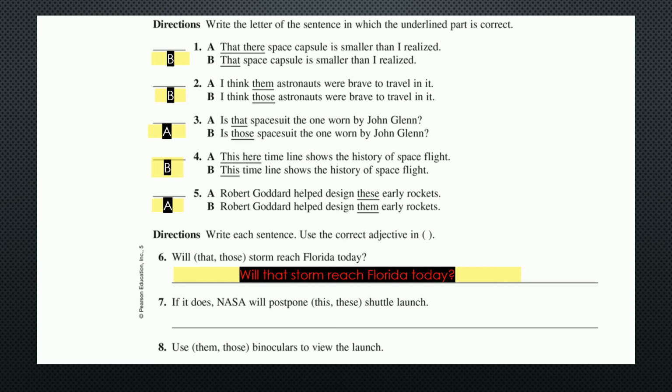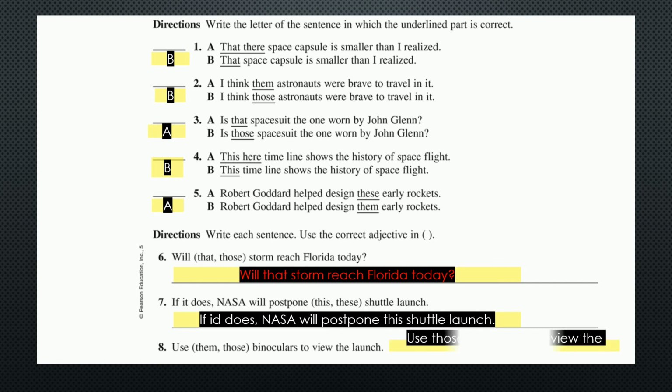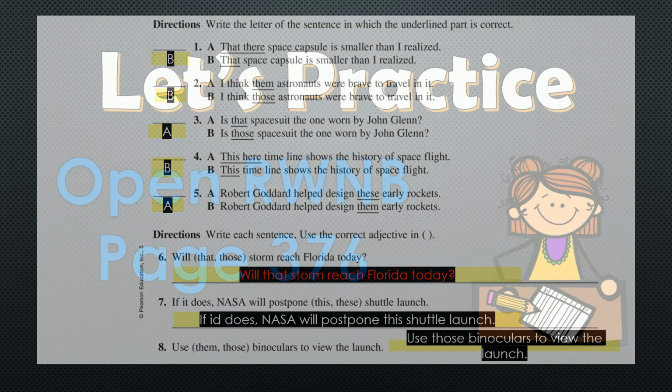Number 7. If it does, NASA will postpone this shuttle launch. What is your answer? Okay, that is correct. This. Number 8. Okay, good. Use those. So that is a fantastic job done.